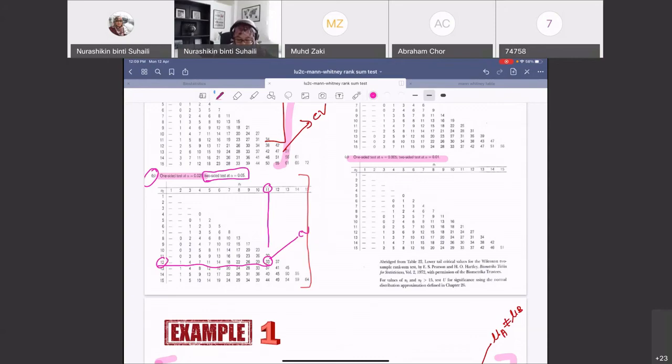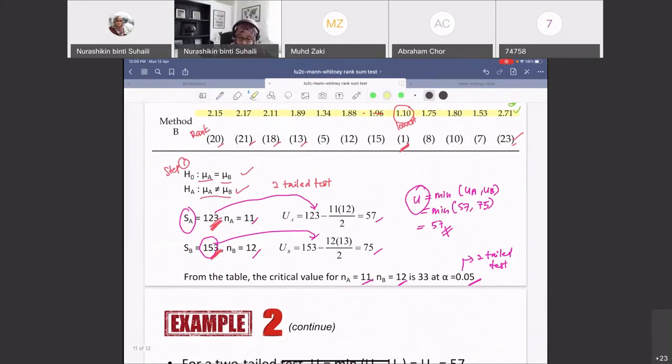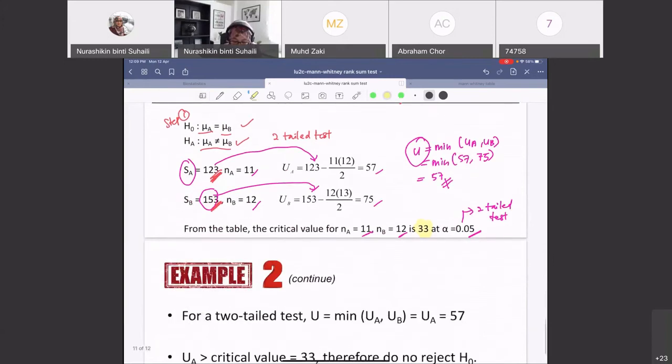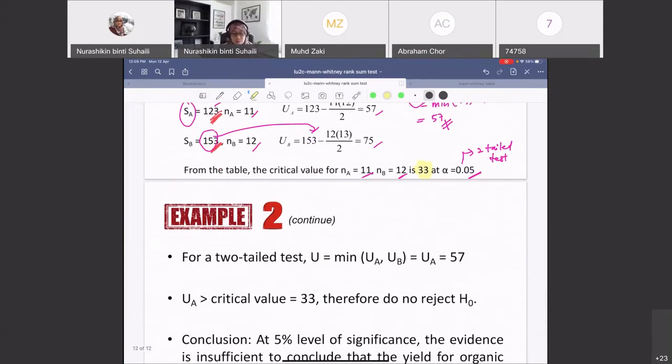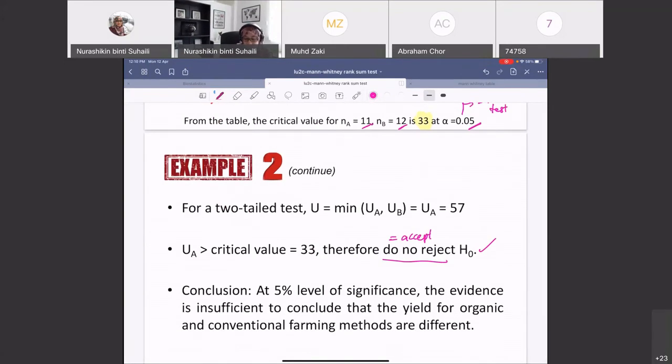So go back to your workout. CV is 33. So you compare the 57 and 33. 57 is greater than 33, so you do not reject, or accept, the null hypothesis. So the conclusion is that at 5% level of significance, there is no difference between the yield of organic and conventional farming methods.